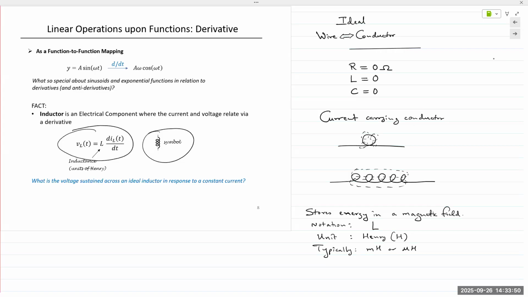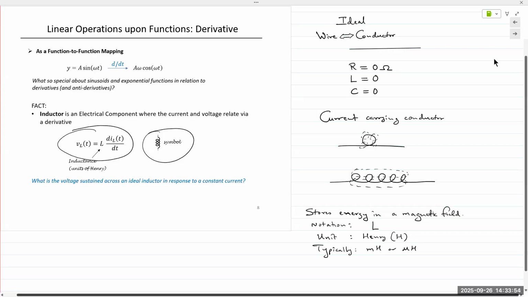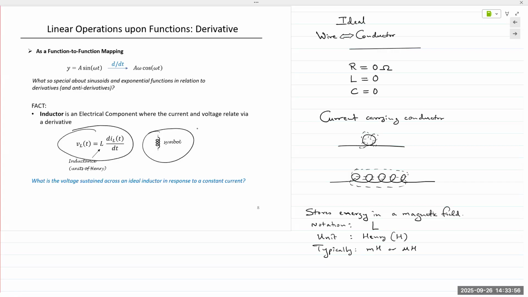No? Okay. All right, so what this equation is displaying is that the voltage for an inductor is directly proportional to the rate of change of current. V is directly proportional to di over dt, the time derivative of the current.